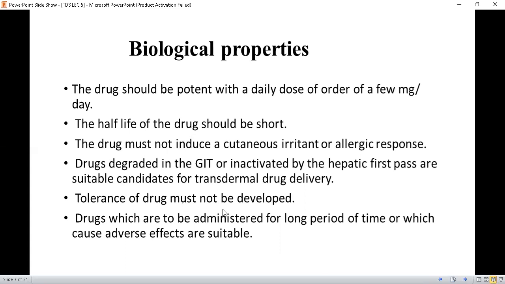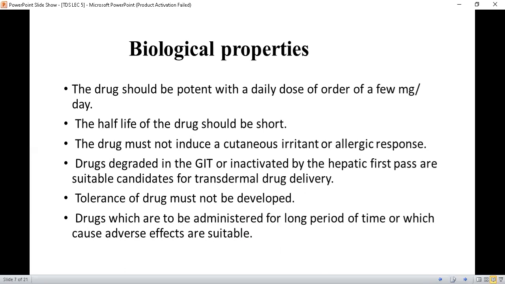Tolerance to the drug must not be developed. Drugs which are to be administered for a long period of time or which cause adverse effects are suitable. Those drugs which are going to be used for a longer period of time by a patient, you can formulate in a transdermal system, which will reduce the frequency of dosing and ultimately benefit the patient.